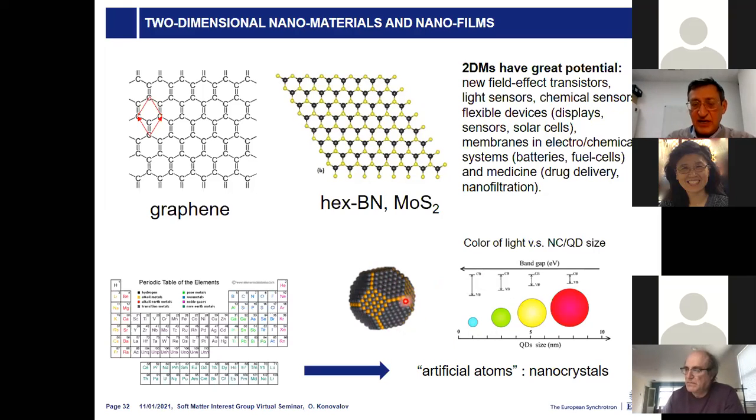Then the size and the composition can matter too; for example, depending on the size, they can emit light with different wavelengths, which can be used for optoelectronics or other applications of this type of materials.